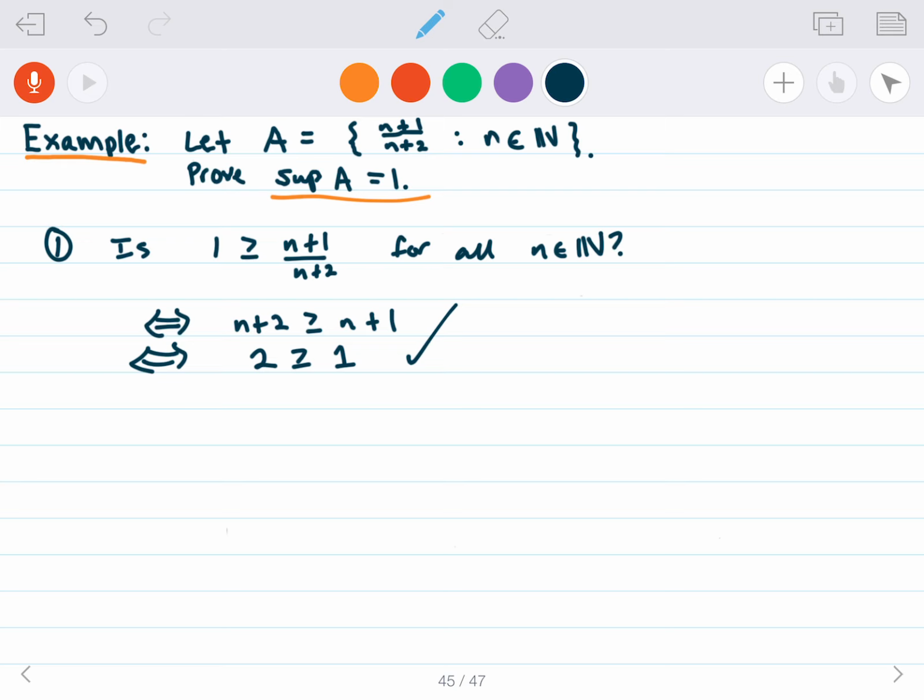Now let's check the second property. So we want to show for all epsilon bigger than 0, there is some n such that n plus 1 over n plus 2 is greater than 1 minus epsilon. In other words, 1 minus epsilon is not an upper bound for the set. So we can find something in the set that's greater than 1 minus epsilon.